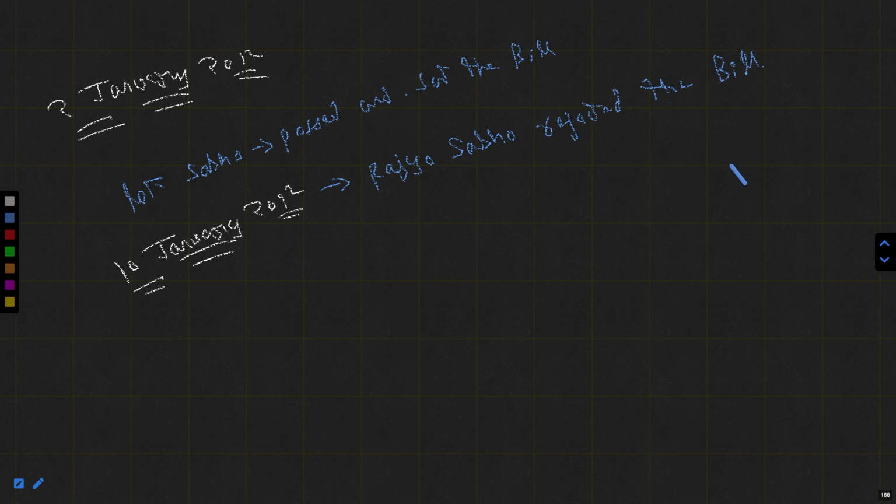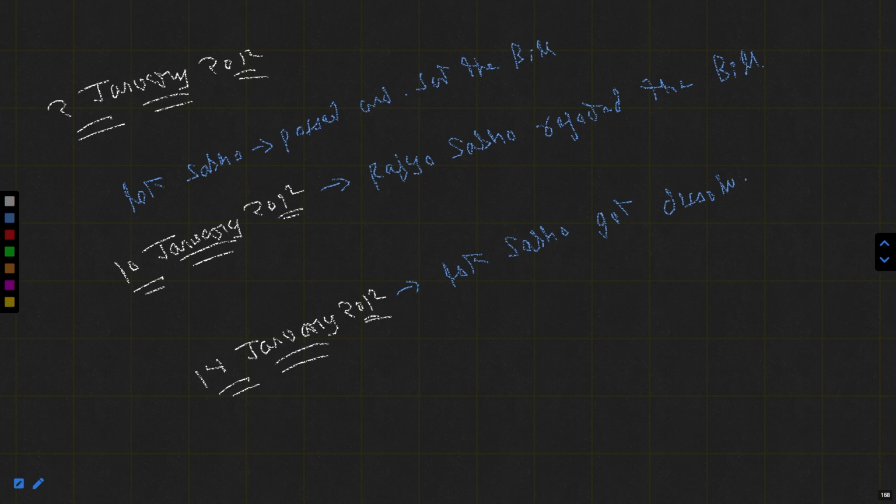All right, and then what happened? The time period when the joint sitting is to be called, before this, on 14 January 2012, the Lok Sabha got dissolved.